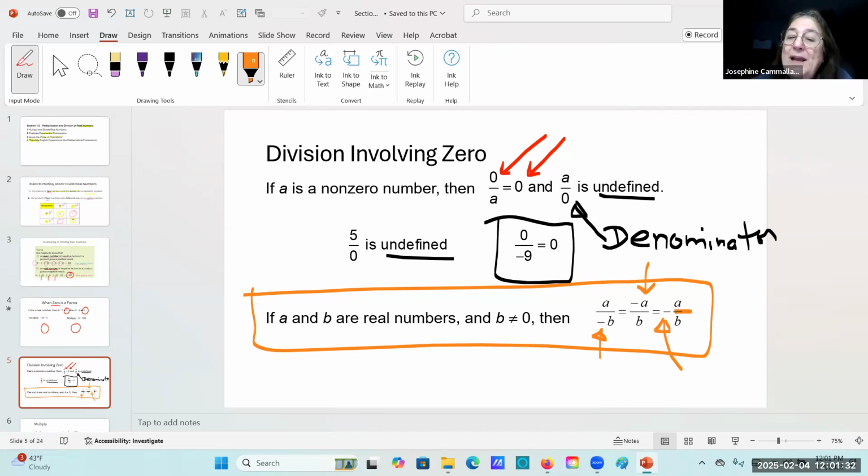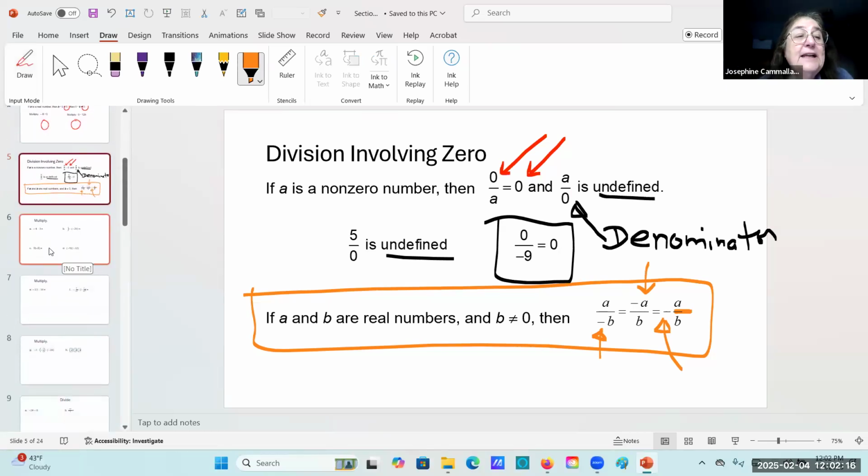You want to always put it with the numerator. And we'll talk about that more when we get to chapter 3. But the negative with the bar can be moved to the top or to the bottom. Can't be in both places. The negative with the fraction bar, we normally like to move it to the top. But you'll find out why as we go further in the course. So notice when a negative is seen in front of a fraction bar, you can move the negative to the A, or if it's in the B or in the numerator, you can put it with the fraction bar.